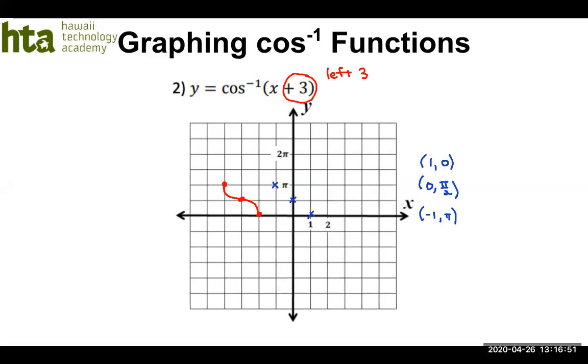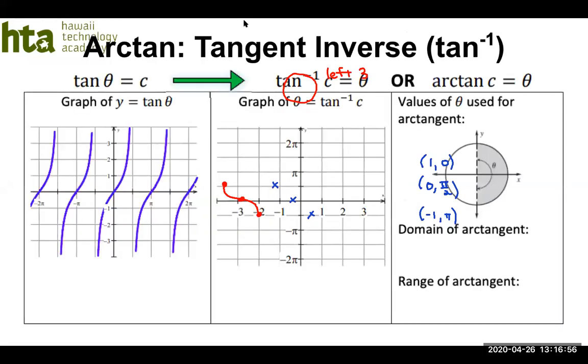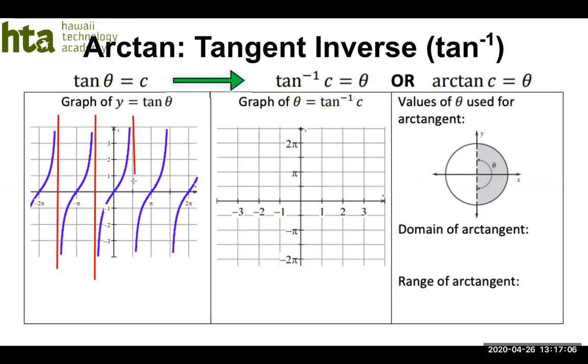All right, so now let's look at tangent. Let's not forget for tangent, we also have these vertical asymptotes for the regular function. Okay, these are all vertical asymptotes. And for tangent, we're only going to focus on quadrants 1 and 4.